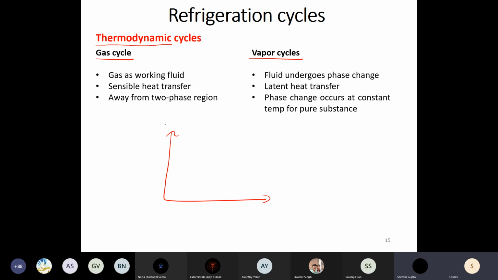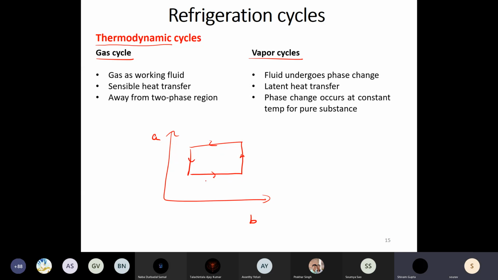It could be any property A and B on which you are plotting the cycle. In which direction does the power cycle move and in which direction does the refrigeration cycle move? Any idea? You can have a cycle going in the anti-clockwise direction.